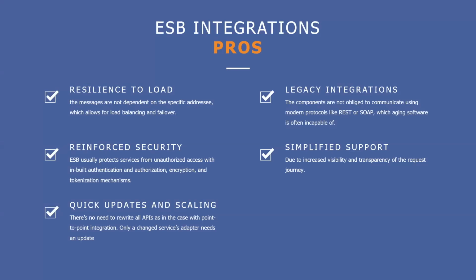It's constantly getting updated, and that's true also for iPaaS, is that because the software is in the cloud, as improvements are put in, the software gets updated. It's easy to use for legacy integrations, and it simplifies your need for support, because everything's a little more transparent.